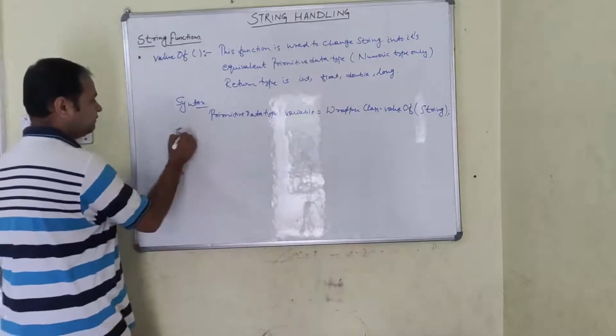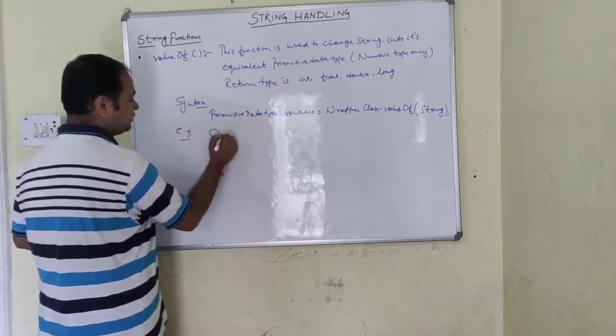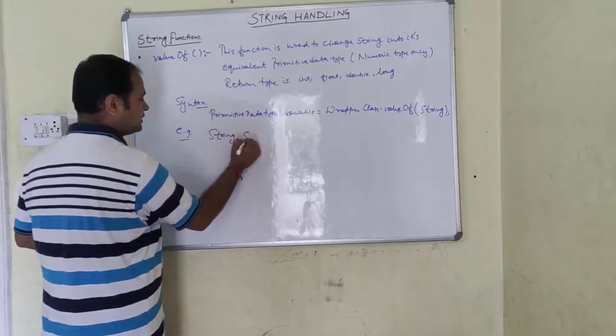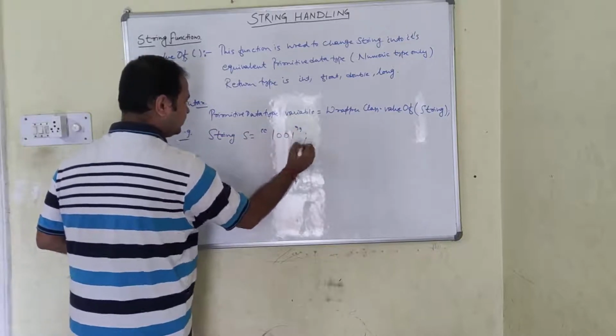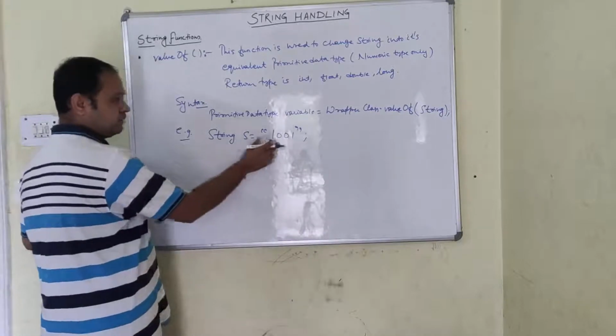For example, suppose I take String s equal to, within double quotes I write "1001", then it can be converted into integer.